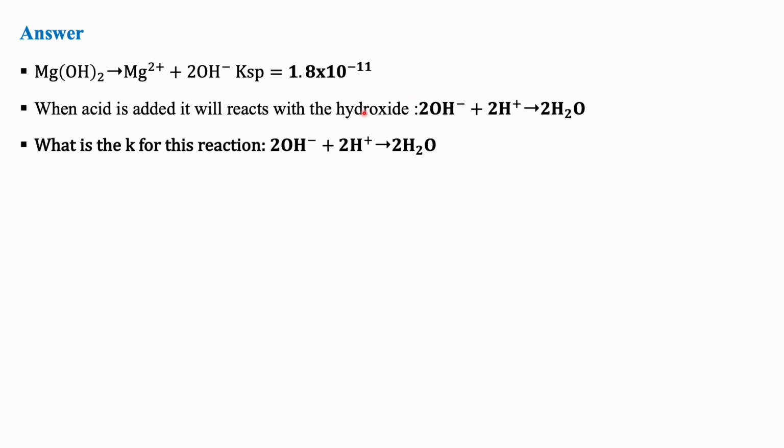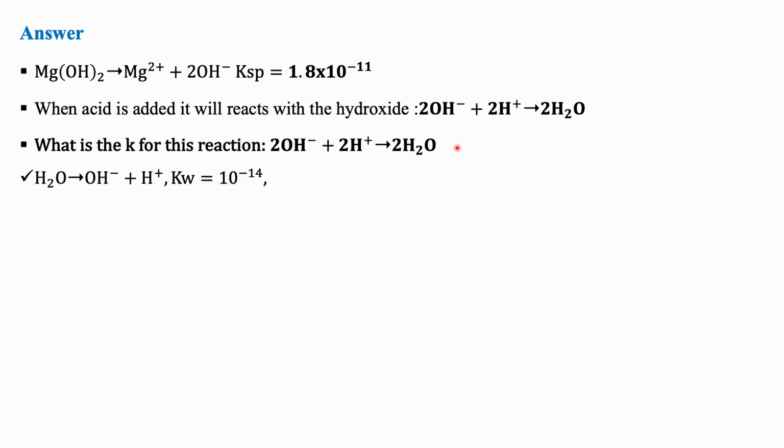This reaction is the inverse of the reaction when water decomposes. The decomposition of water gives the Kw, so this is the inverse of Kw. Because H2O gives OH minus plus H plus, we get Kw.